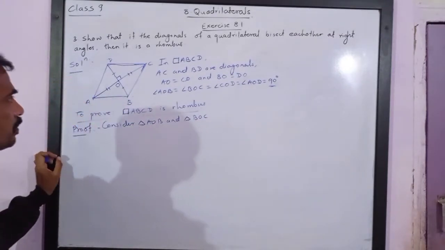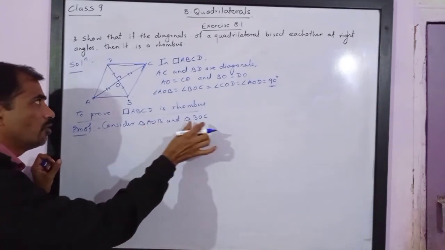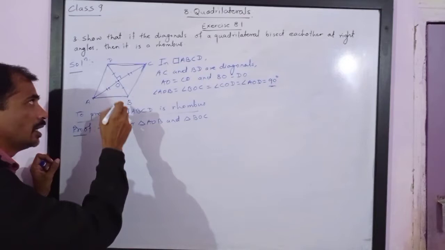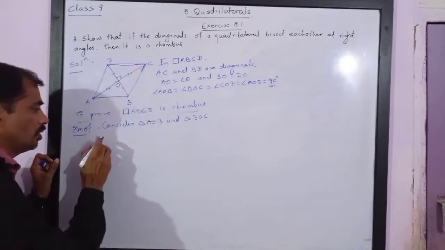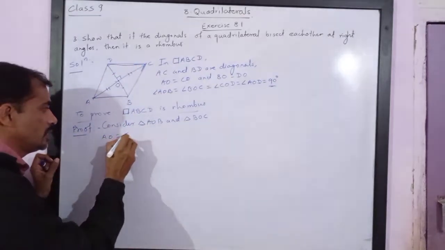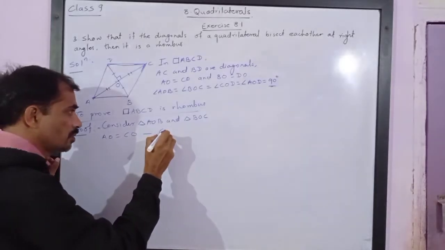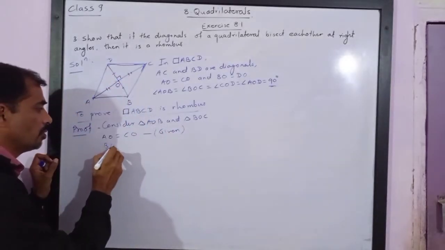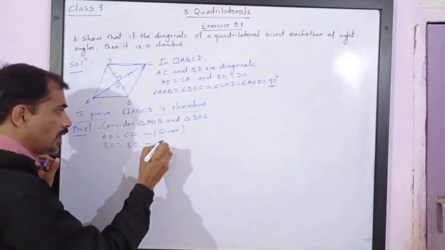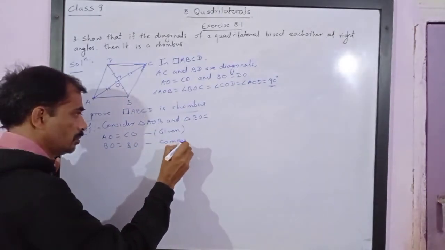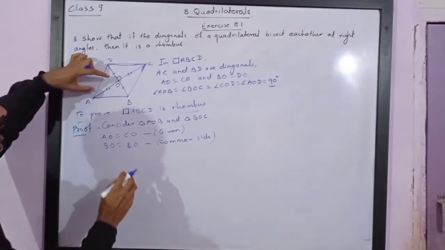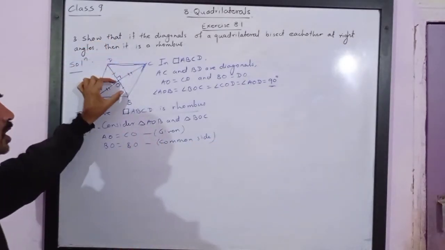In these triangles, in triangle AOB, that is this triangle, and BOC, this triangle, AO is equal to CO. This is given to us. Then BO is equal to BO, common side. Watch carefully: AO is equal to CO and BO is equal to BO.